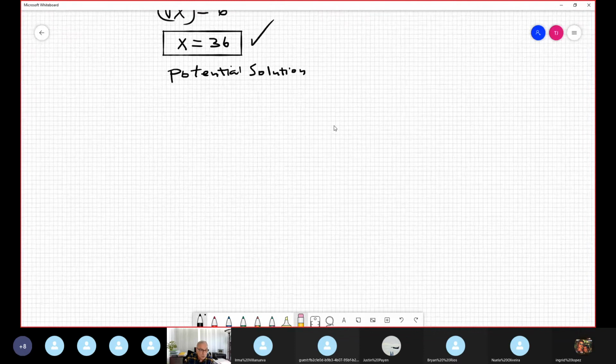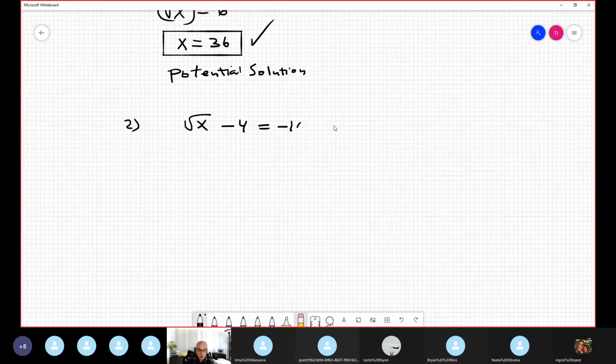Let's move on to number 2. This is square root of x minus 4 equals minus 10. And now I'm concerned. I did not do a check. Always check. Okay. And the radical equation. No, I did check, but I didn't write it down. Okay. Remember, the first thing you should do is isolate. So, minus 10 plus 4.